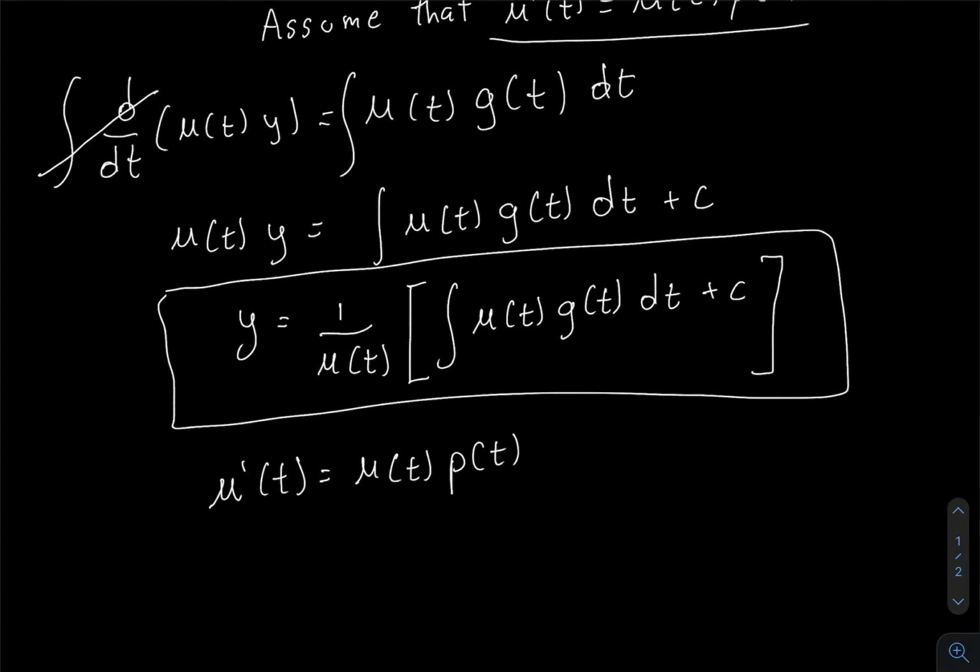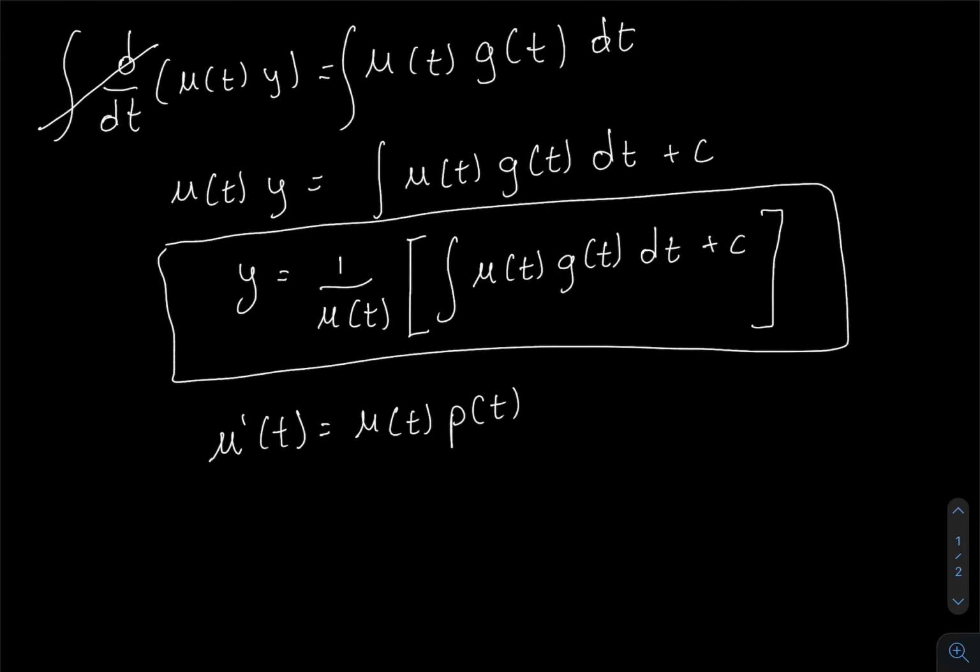So this is just a separable differential equation, and if you don't remember how to solve separable differential equations, you can go back to my previous video and see how I solve these kinds of equations with some examples. It's very simple, but let's stick to this problem now.